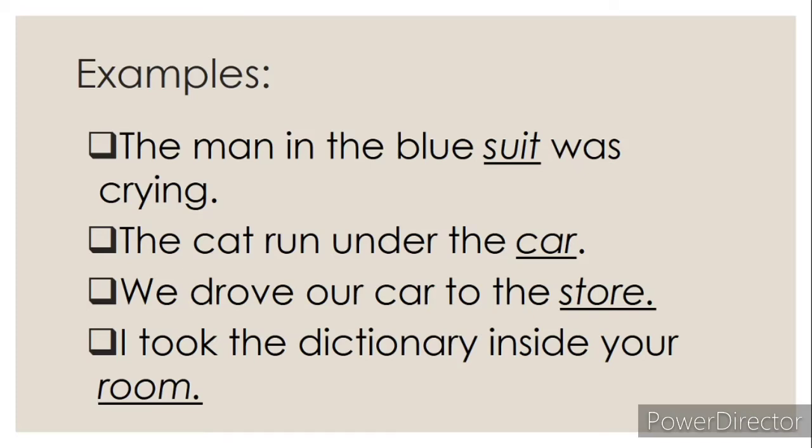Okay. So, next one. The cat ran under the car. So, again, here, our object of the preposition is the noun car because it completes the prepositional phrase under the. Under the what? Car. Okay.